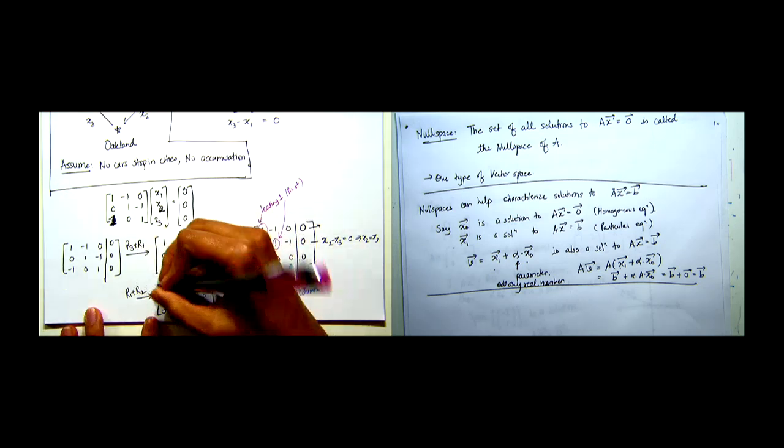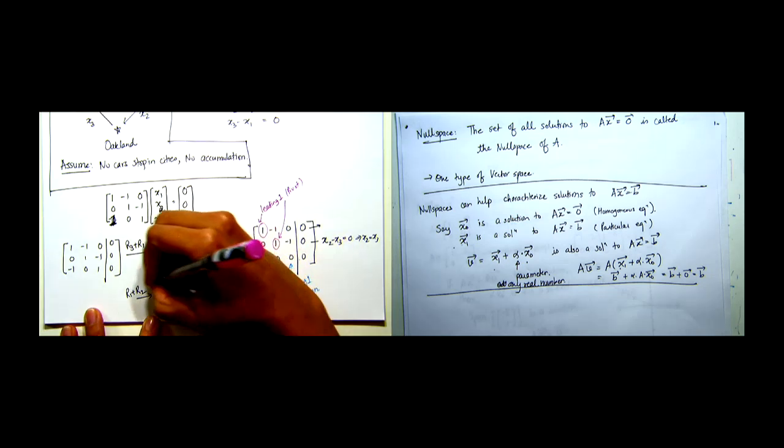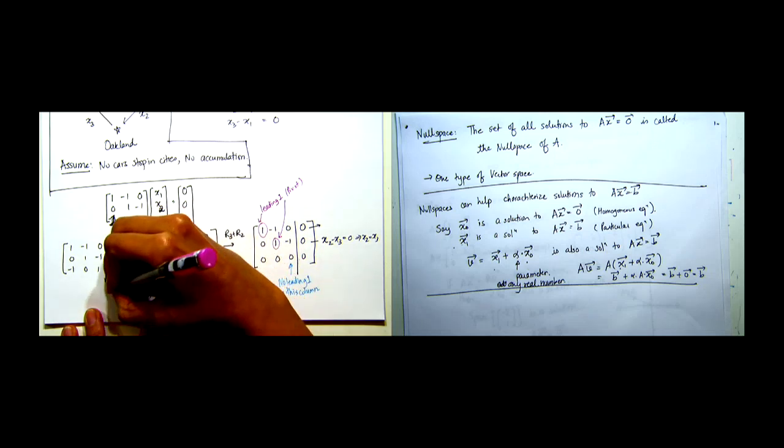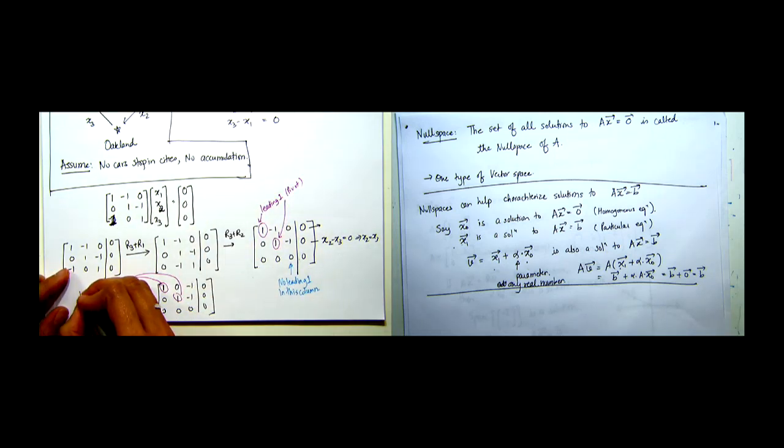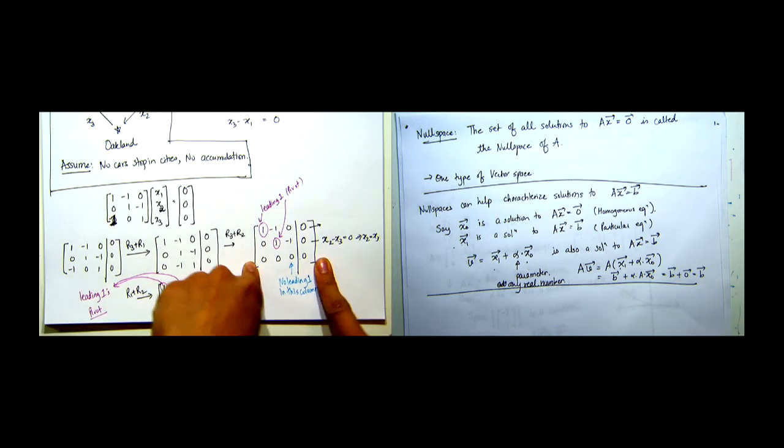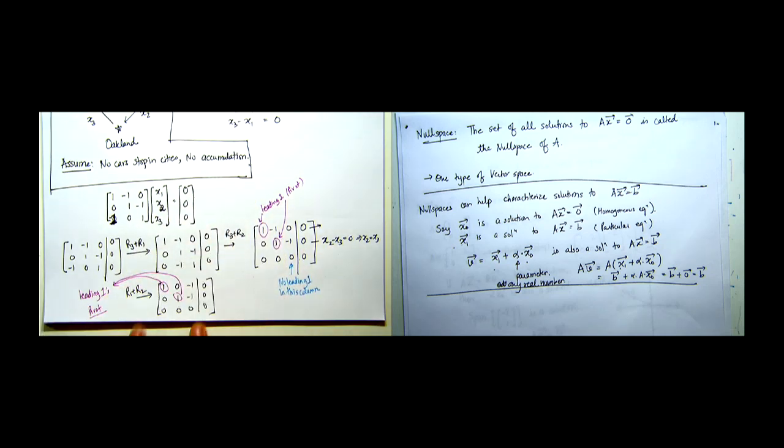And here, these are the leading ones. This is what you would call row echelon form. This is the reduced form. Doesn't matter what these names are, don't worry about it.